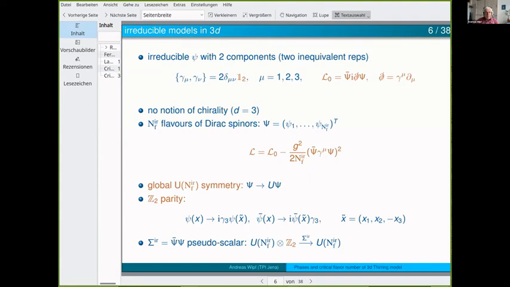And here the psi bar psi in this model is a pseudoscalar. And it just breaks parity, but not the global flavor symmetry. And so the number of irreducible flavors I denote by N irreducible, the number of reducible flavors I denote by NF.